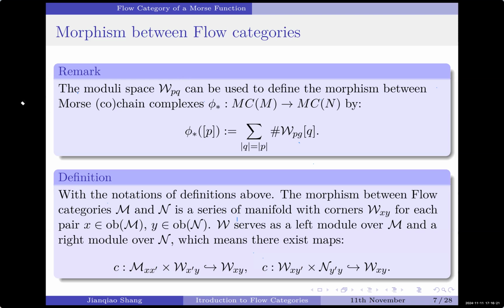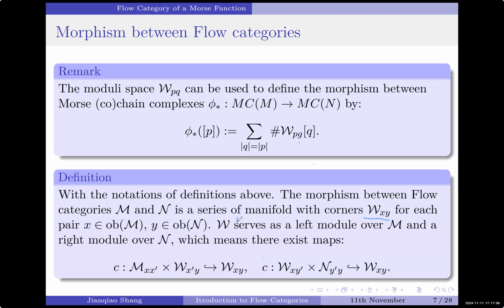It's nothing new. It's just given flow categories M and N, and now we assume that M and N are given from a Morse function on a finite dimensional manifold, and we equip, for each critical point X on M and each critical point Y on N, a manifold with corners W_XY, which is defined as above.